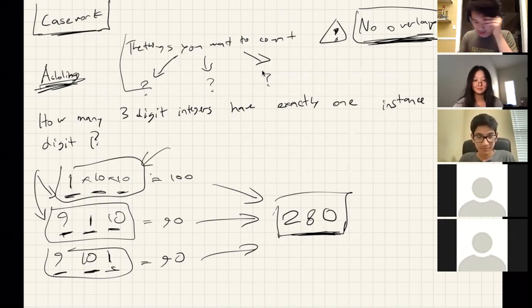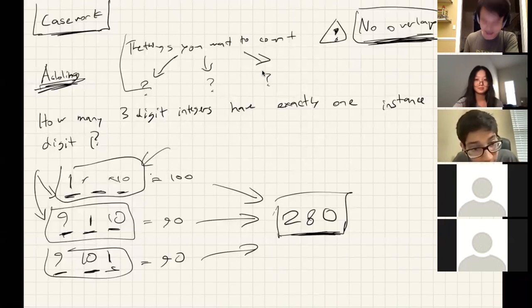Okay, I made a mistake. Exactly 1 instance of my digit 1.